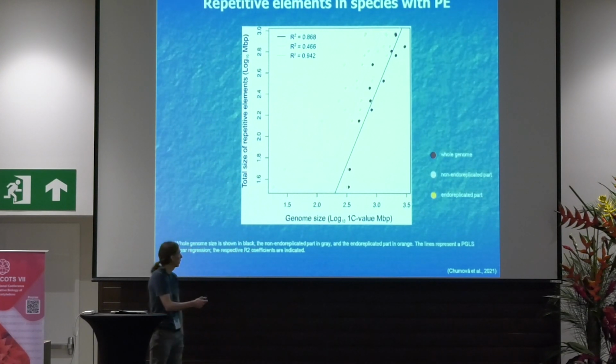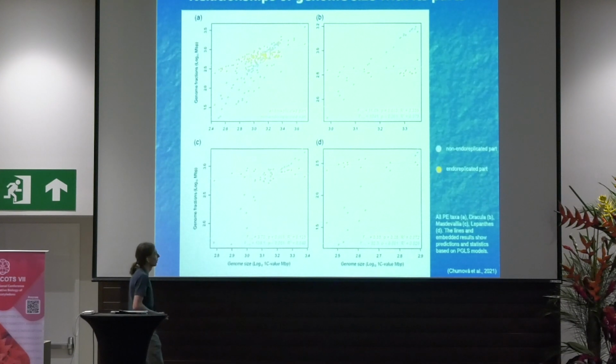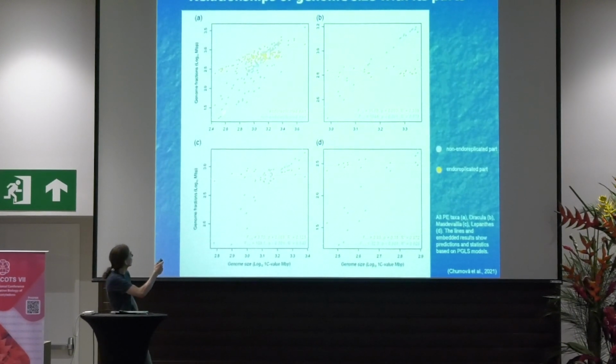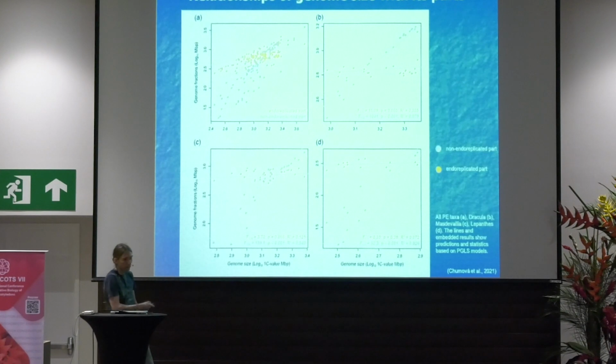And we can see very similar thing on a little bit different projection in these graphs. Here on horizontal axis, it's genome size. And let's start with this chart. Here on the vertical axis is fraction of genome. It's the size of that fraction of genome which is projected there. It means in this somewhat orange color, endoreplicated part, in this gray color, non-endoreplicated part.